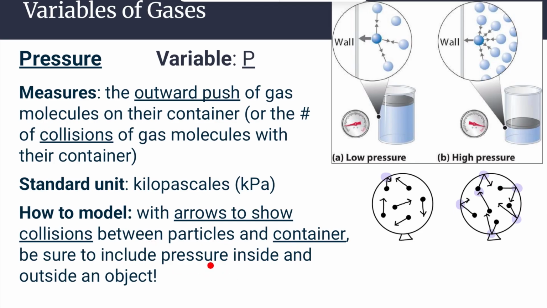And we do want to consider what is the pressure inside and outside an object. Oftentimes, we are going to look at what is happening with that gas in a contained area, but it is important that we also consider if there's outside pressure and how maybe that is going to impact the object. Once we start to do calculations, we are going to measure pressure in kilopascals. The abbreviation for that is kPa.